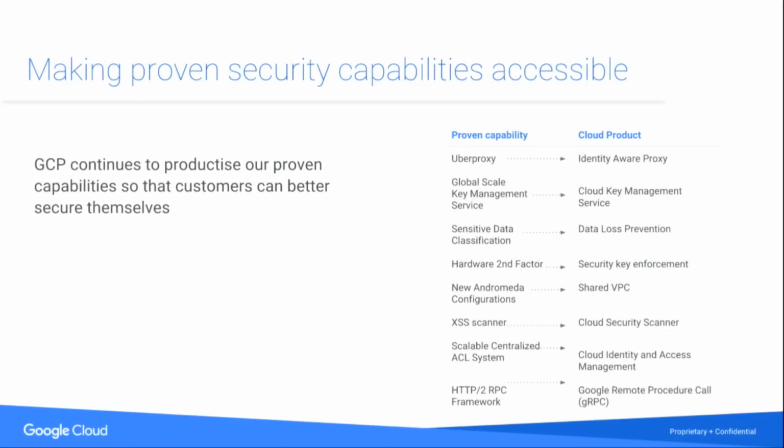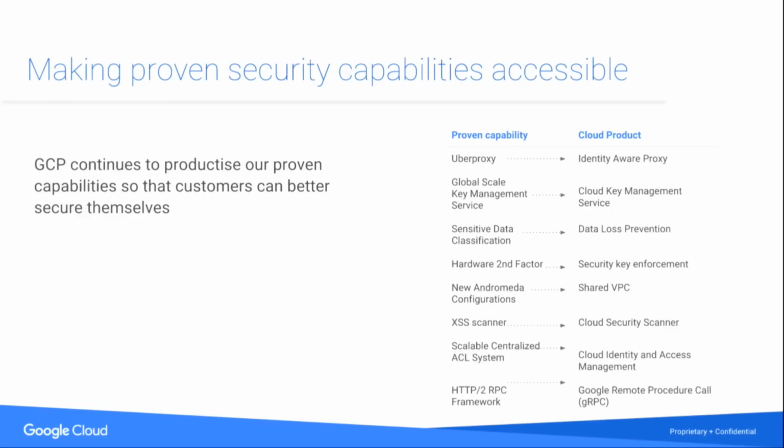What we've been trying to do with Google Cloud Platform is make much of this capability accessible to our customers through the native design of the infrastructure itself on which Google Cloud Platform runs, but also through technologies that we've built internally and externalized through different services. You can see here a list of a few of the technologies that we've launched recently.